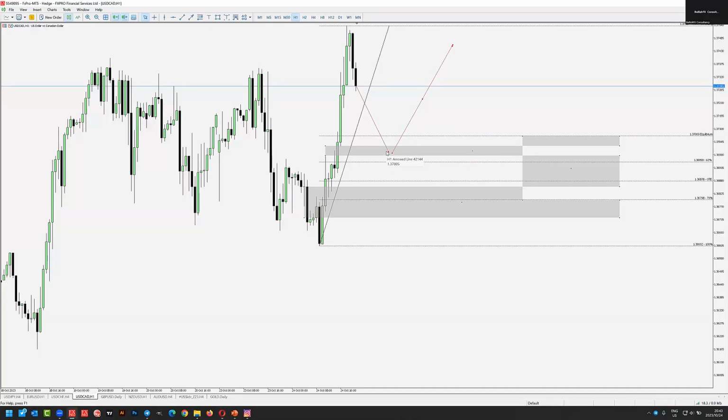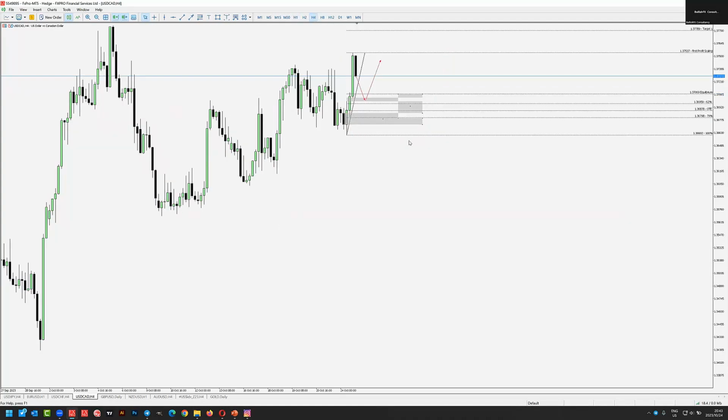You've got a price range that you anticipate price to retrace to and anticipate it to find support for a push to the upside. Because market has moved quite a lot today. Market cannot just keep going up and up and up. It's going to retrace at some point. That retracement now is your opportunity to jump on this train and go with the market to the upside.